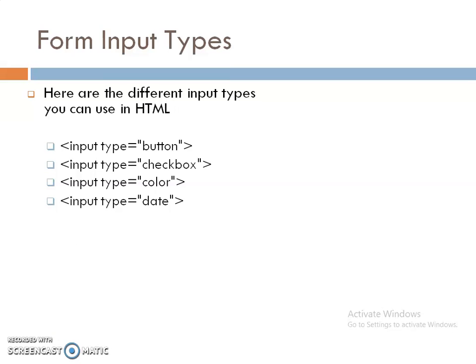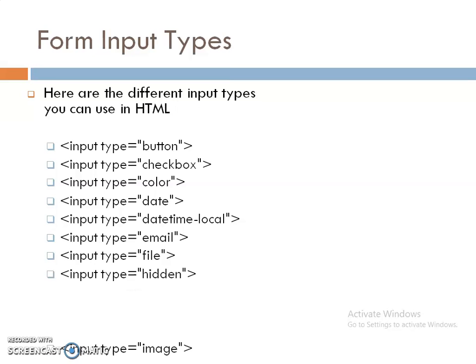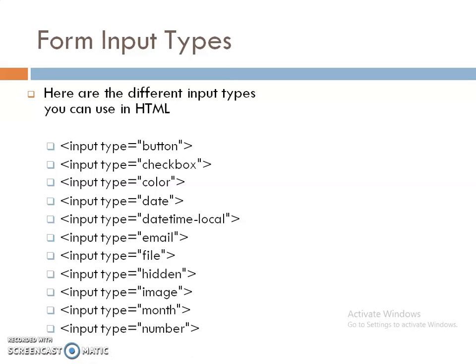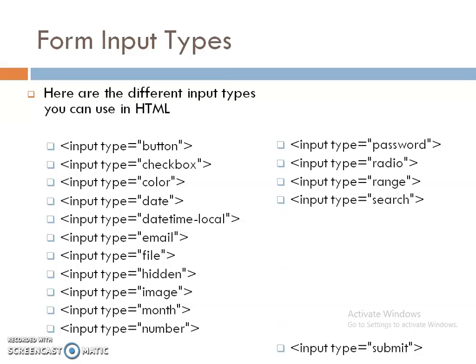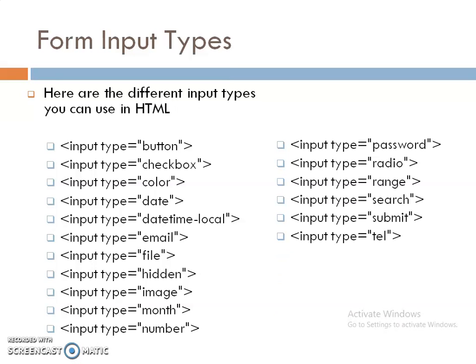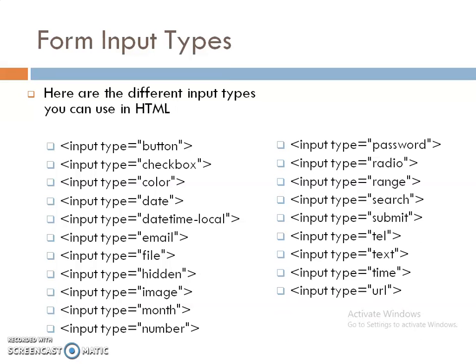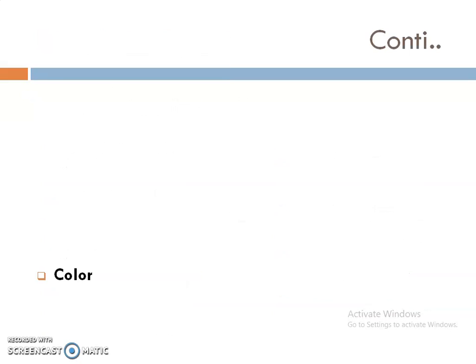Input type is equal to date, that means this field accepts only date type of value. Datetime-local for date time with the local time zone. Email, file, hidden, image, month, number, password, radio, range, search, submit, telephone number, text, time, URL, week, etc.